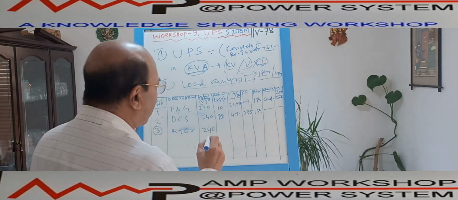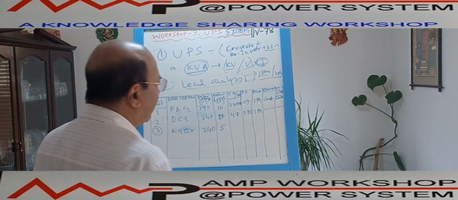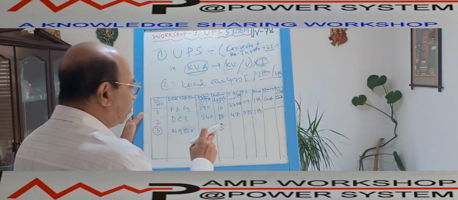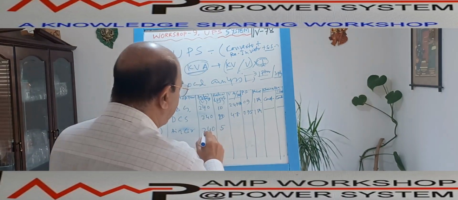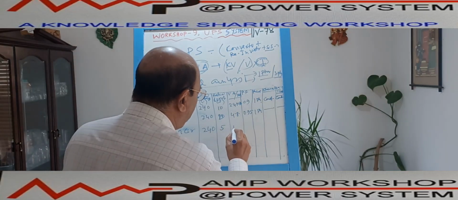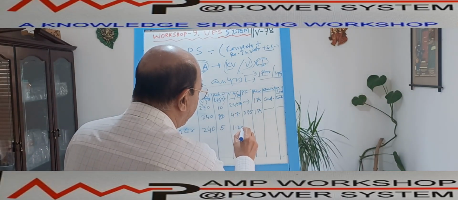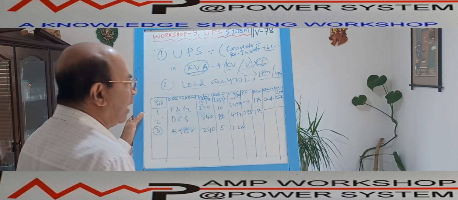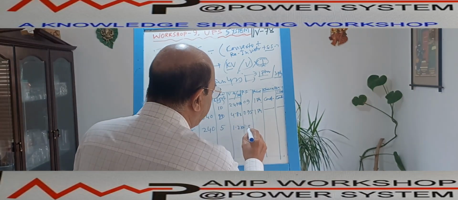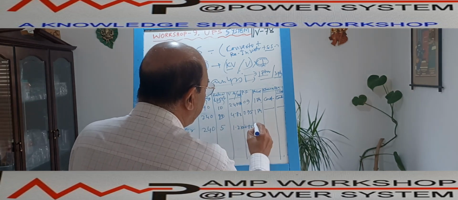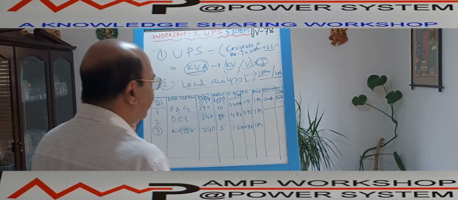Suppose the motor normal current is 5 ampere. Then it will be 1.2 kVA, right? That is the kVA of this motor. And the power factor maybe 0.85. It is a single phase motor, okay?